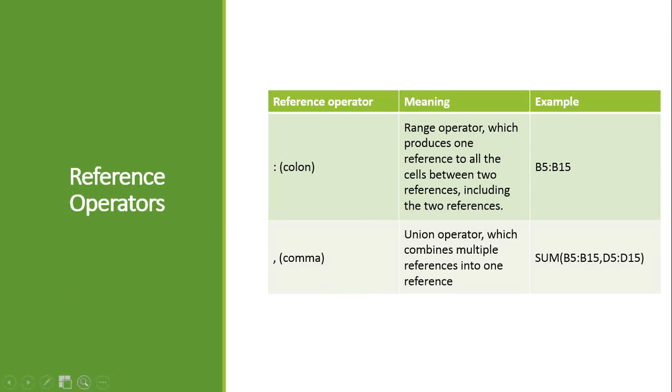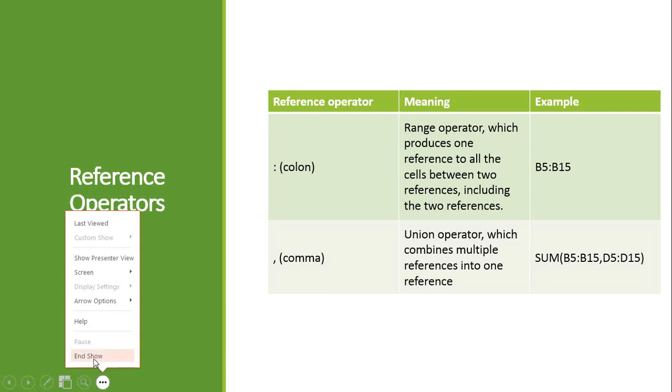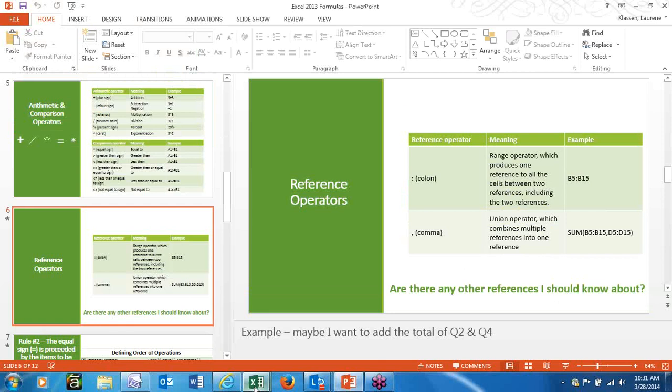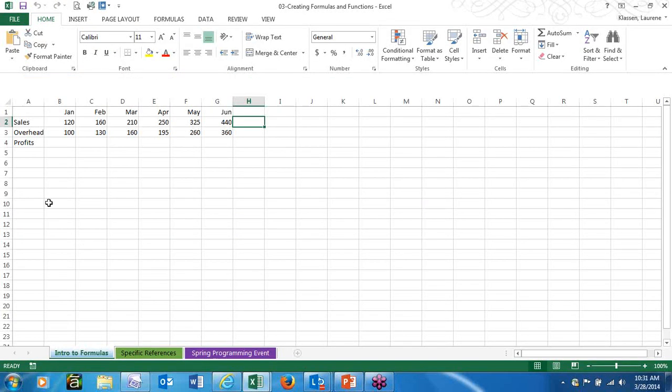Let me just stop the slideshow for a second. And we're just going to go over rule number 1 really quickly. So I have a very easy spreadsheet that I put together, not much to it.